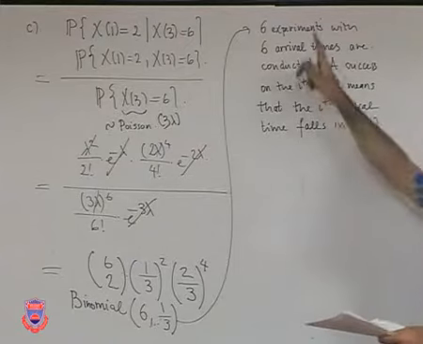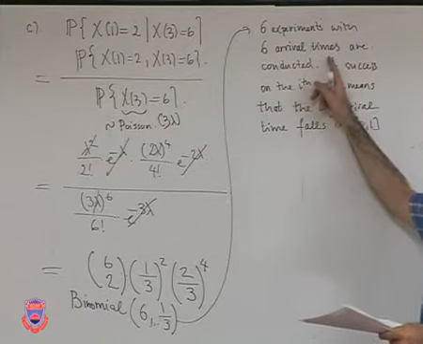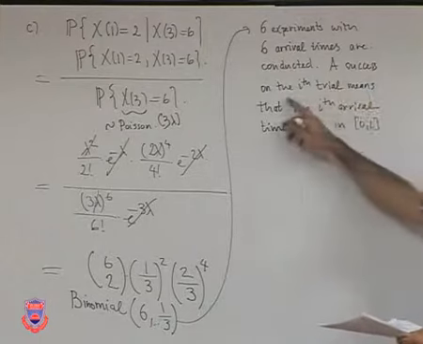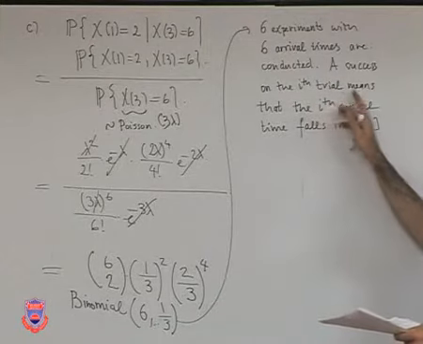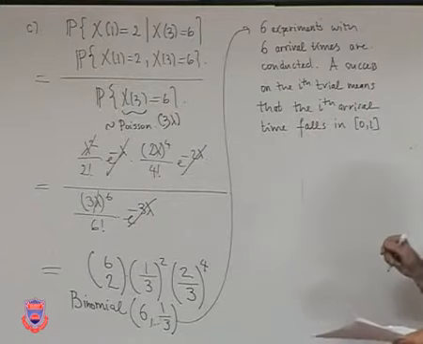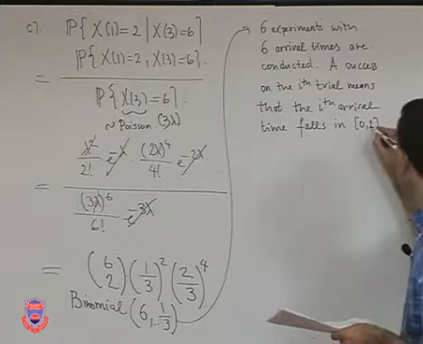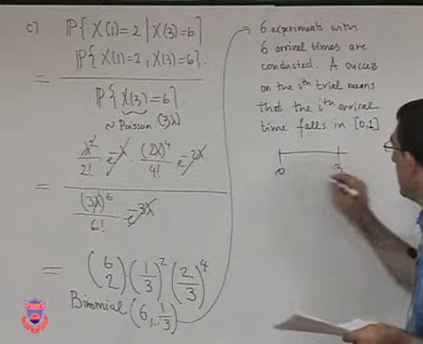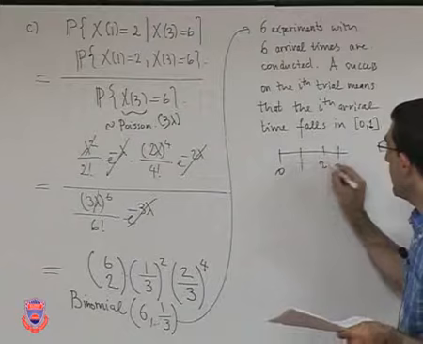Okay, so 6 experiments with 6 arrival times are conducted, and a success on the ith trial, in this case, means that the ith arrival time falls in the interval from 0 to 1. Right? So you have the interval from 0 to 3, and you have 1 and 2.